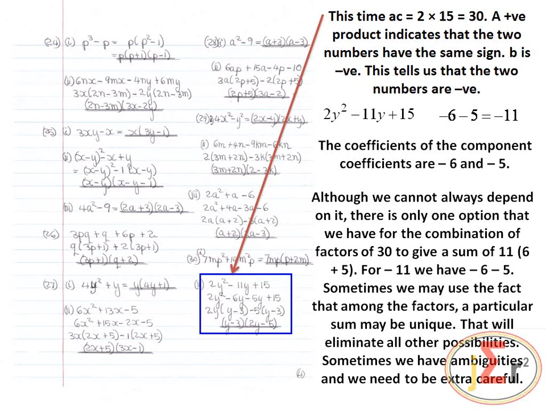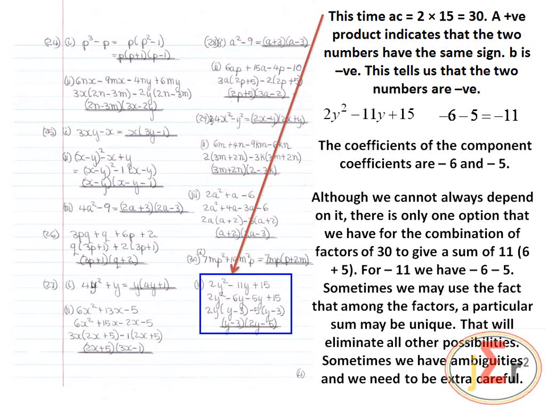Sometimes we may use the fact that among the factors a particular sum may be unique. That will eliminate all other possibilities. Sometimes we have ambiguities and we need to be extra careful. What I'm saying is that for all pairs of factors of 30, the only pair, whether adding or subtracting, that will give 11 is negative 6 and negative 5, or 6 plus 5.